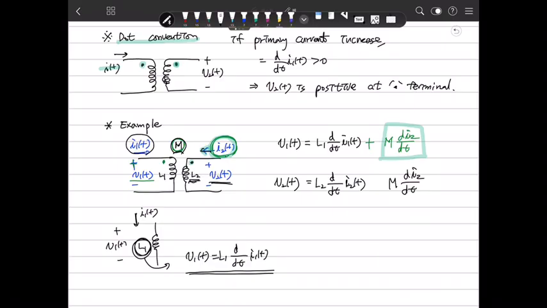We can use the dot convention here because i1 is going into the dot, so this term has a positive polarity, and v2 is plus at the positive, the same direction, so it's plus. So we can transform this coupled inductor into two voltage-current equations. That is the only thing we need to know when analyzing coupled inductor circuits.